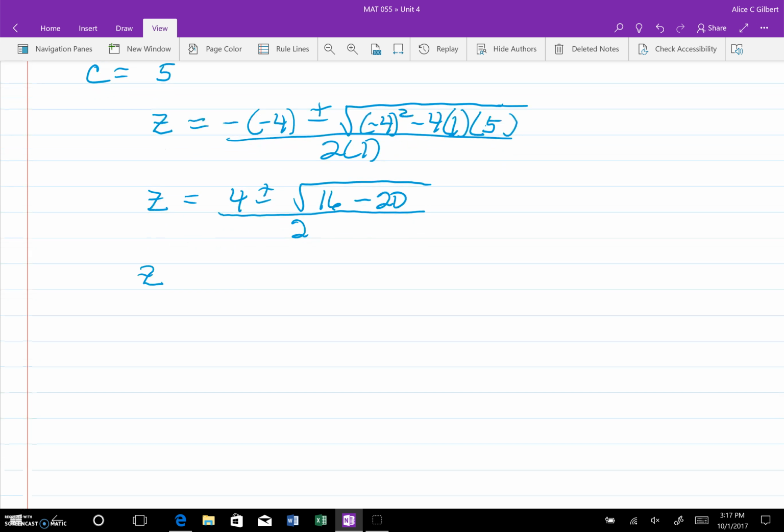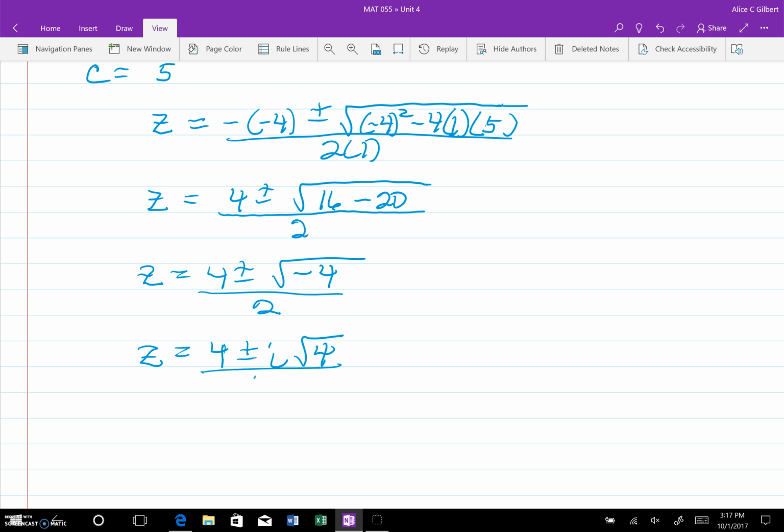So now I've got z equals 4 plus or minus the square root of negative 4 over 2. Z equals 4 plus or minus, take out the i, over 2.